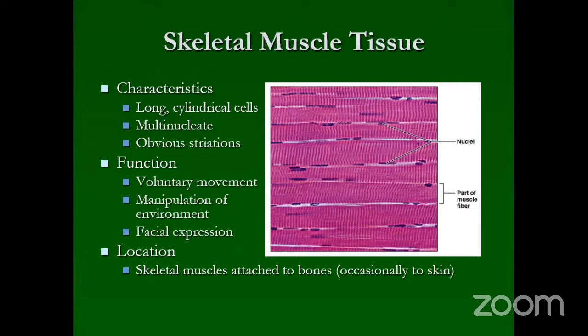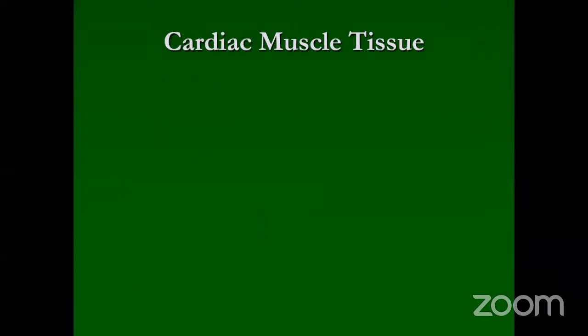Striation means you can see the layers. The main function is voluntary movement, manipulation of the environment and facial expression. They are mainly present in the skeletal muscles, which are attached to the bones, and sometimes also attached to the skin.